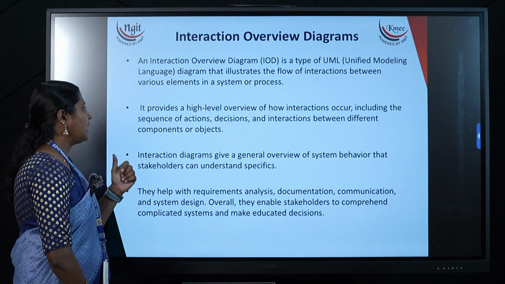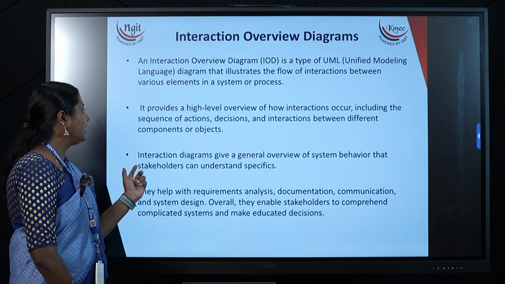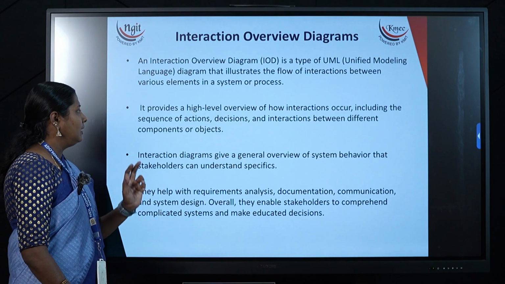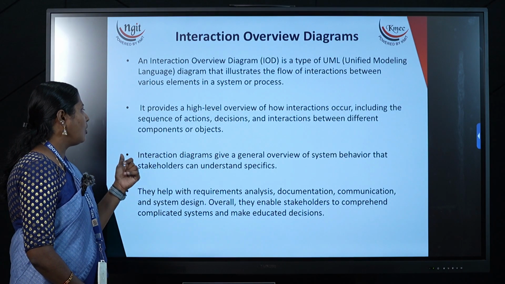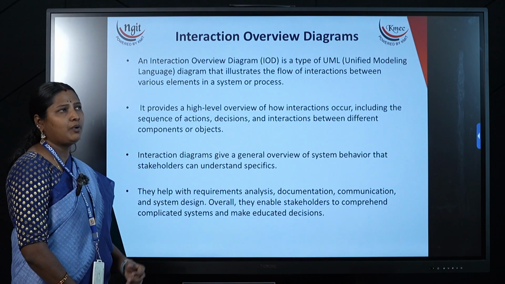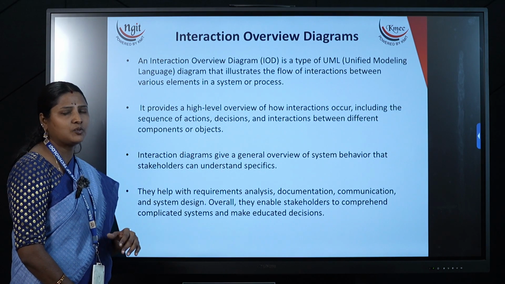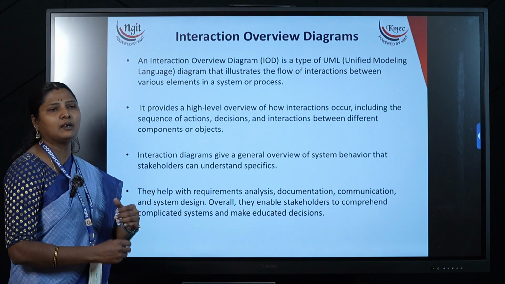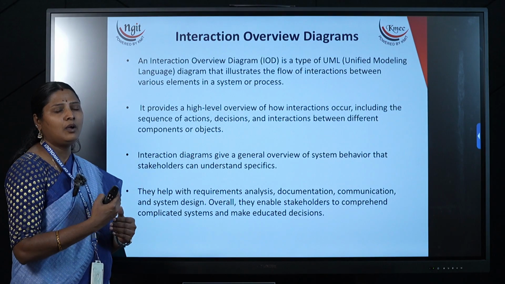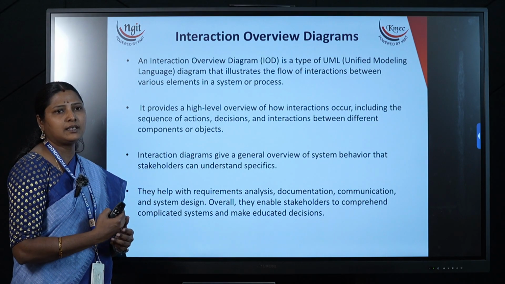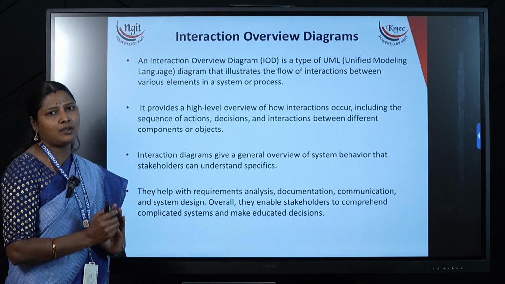It provides a high level overview of how interaction occurs, including the sequence of actions, decisions and interaction between the components or objects. Whenever we draw the UML models, there are various types of objects, elements and components, drawn in sequence diagrams, component diagrams, package diagrams or class diagrams, depending upon the structural and behavioral diagrams.